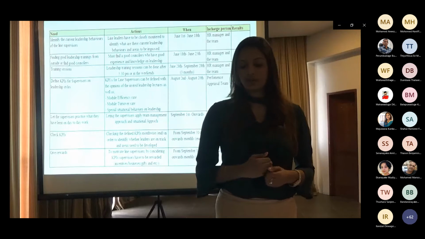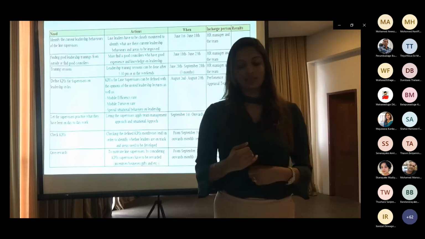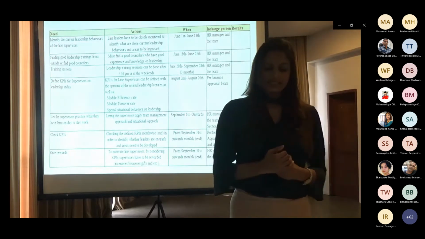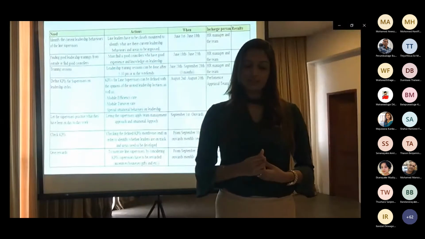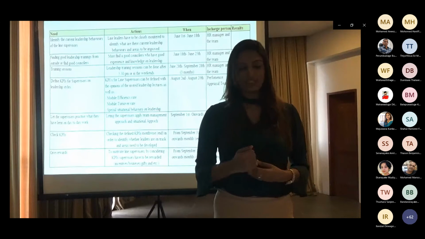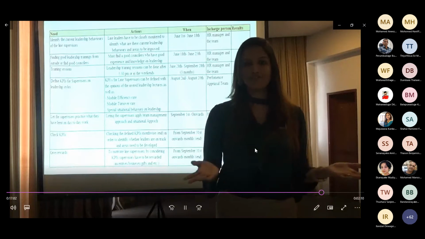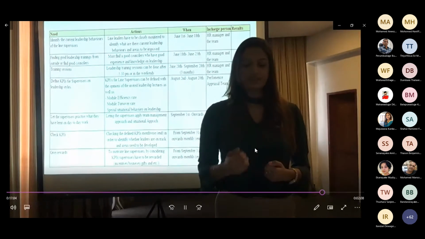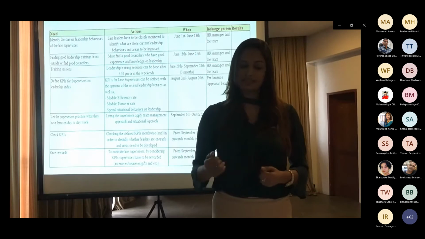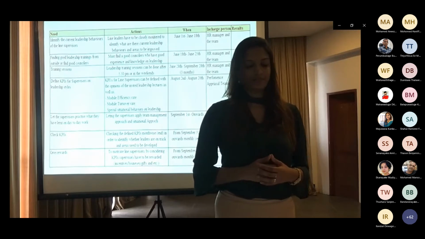The time frame is August 2nd to August 20th, and the responsible persons are the performance appraisal team. The next task is to let the supervisors practice what they have learned in their own way. The action is letting the supervisors apply the team management approach and the situational approach freely. The time allocated is September 1st onwards, and the responsible persons are the HR manager and the team and sectional heads.